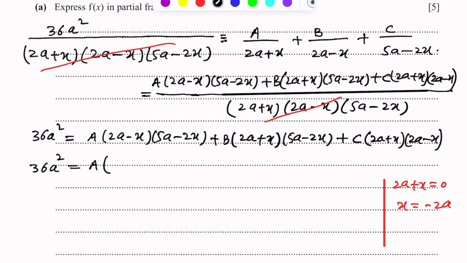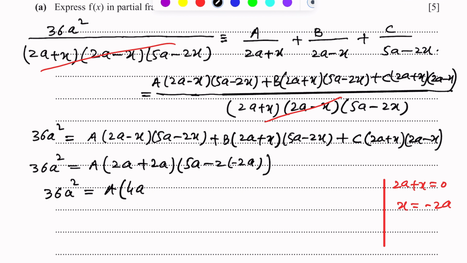So A into (2a minus x), which is 2a plus 2a, that is 4a, into 5a minus 2 into the value of x, minus 2a. Simplifying, we get 5a plus 4a, that is 9a.